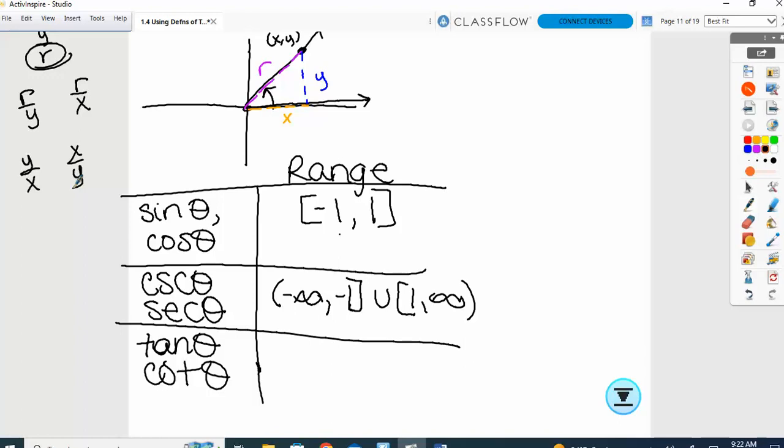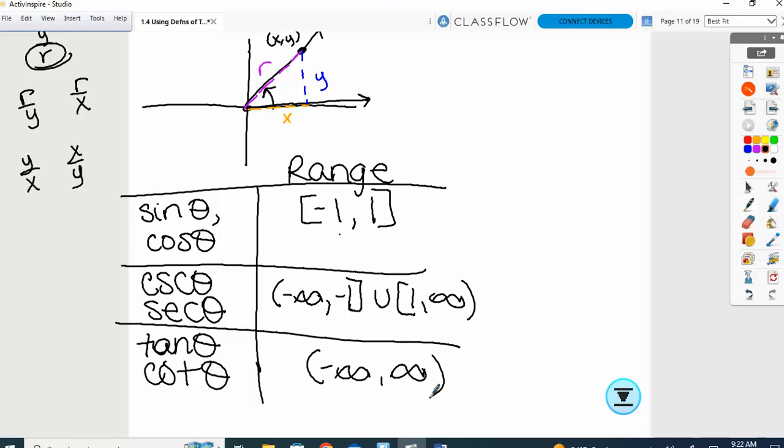No, so tangent and cotangent can be equal to anything. This is kind of a helpful thing when we're working through problems. You know, if I'm working a problem and I get sine of theta equals 5, is that an okay answer? No, sine can't be bigger than 1. So I know, oh, I got 5, I did something wrong. My answer is incorrect.